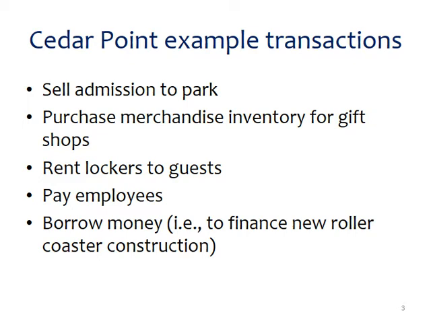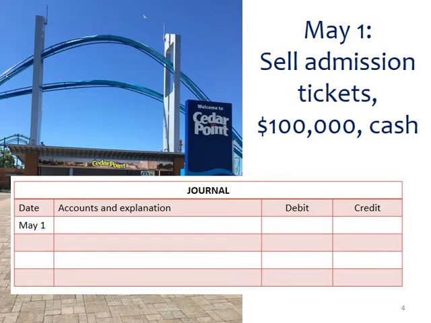Let's get started. The first transaction we have is on May 1st when we sell admission tickets for $100,000 in cash. The entry for this will be to debit cash for $100,000. I'm debiting cash because it is an asset and it is being increased. Remember that you can look at the debit and credit rules table from the last video.